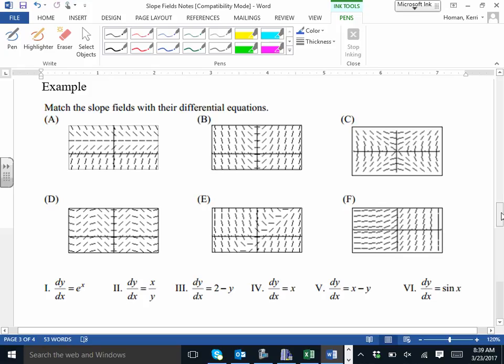I agree with you. I do. Because x divided by y, anytime x is 0, you're going to have horizontal, right? Anytime y is 0, you're going to have vertical. So that happens right there. And then anytime x and y are the same, you're going to have 1, right? Anytime x and y are exact opposite, you're going to have -1.